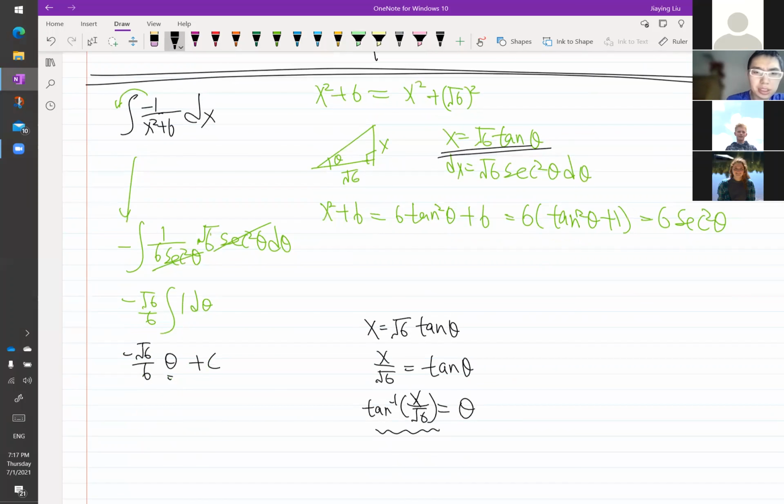I'm going to substitute that for the theta in that answer. So that becomes negative square root of 6 over 6 times inverse tan of x over square root of 6, plus C. That will be the answer in terms of x.